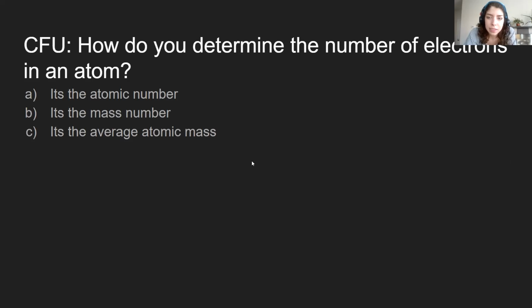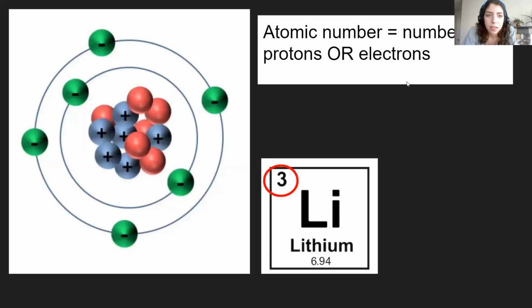Okay, here's a check for understanding. How do you determine the number of electrons in an atom? Is it A, the atomic number, B, the mass number, or C, the average atomic mass? If you identified that the atomic number is the number of protons or the number of electrons, you'd be exactly right.